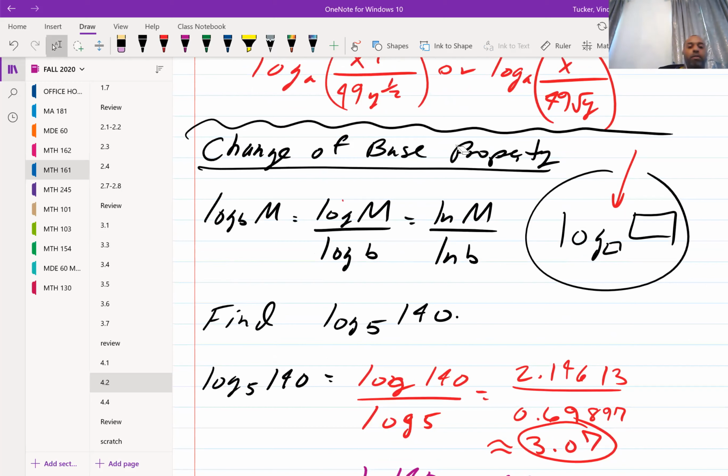So if I have log base 5 of 140, and I want to figure out what that answer is, I could use the common log. And if I do that, that's going to be log of 140 over the log of 5. So log of 140 is 2.14613. Log of 5 is 0.69897. Divide that out, and that gives me 3.07.